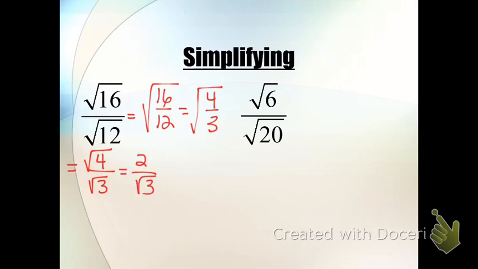Now it's not simplified yet because I'm not allowed to have a radical in the denominator, and there's no way right now for me to simplify this root 3, so that's when I rationalize.